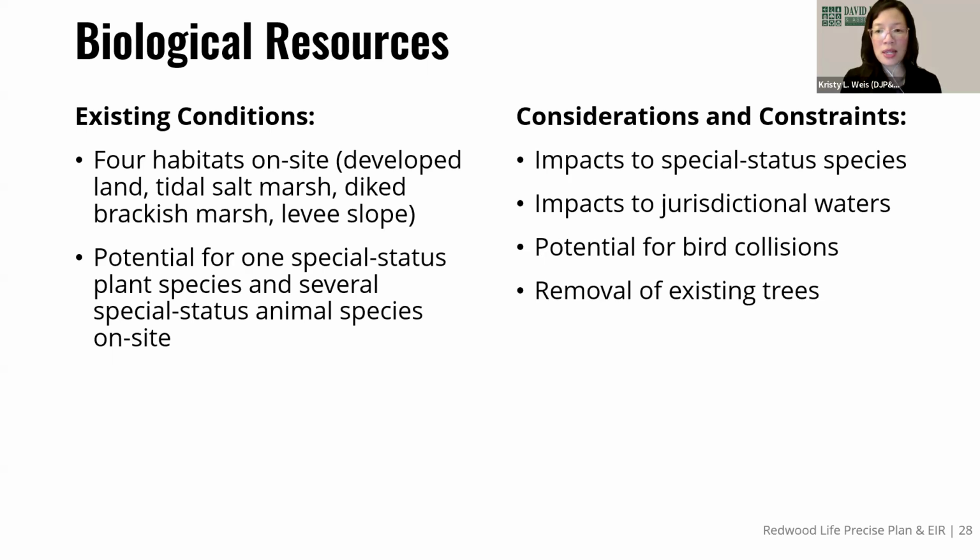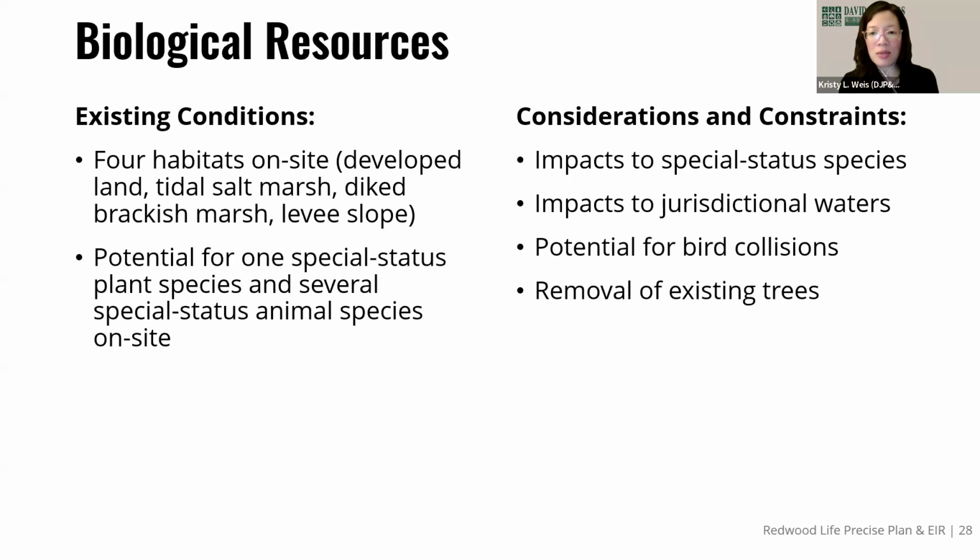There's several special status animal species that could also occur on site, including the California Ridgway's rail, California black rail, western snowy plover, California least tern, the salt marsh harvest mouse, and the salt marsh wandering shrew.